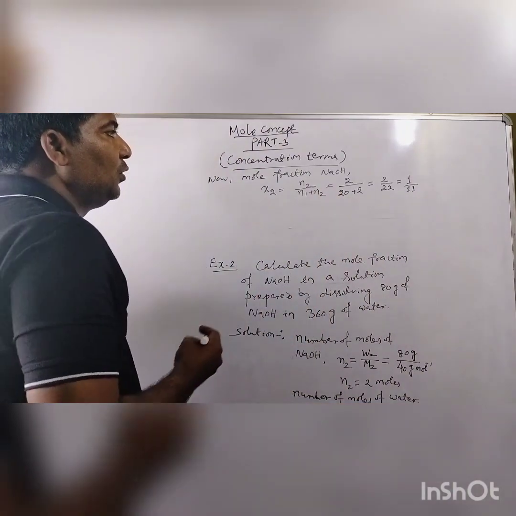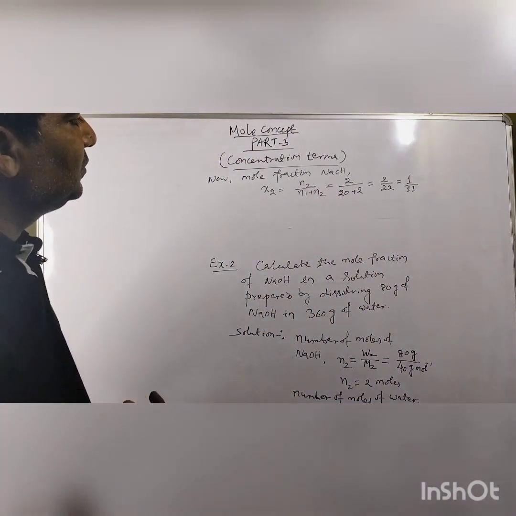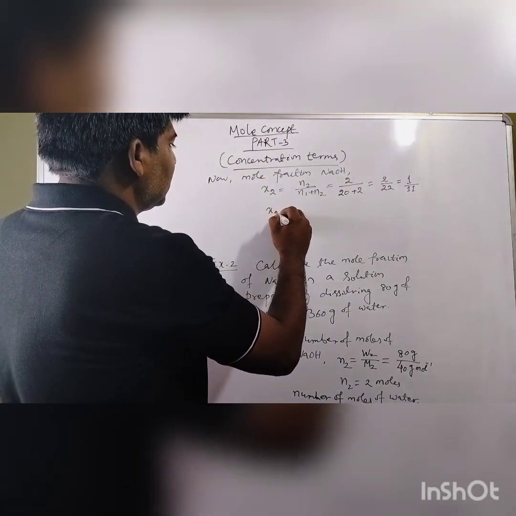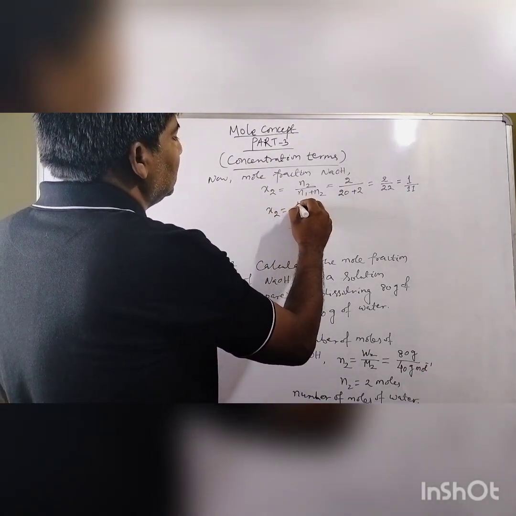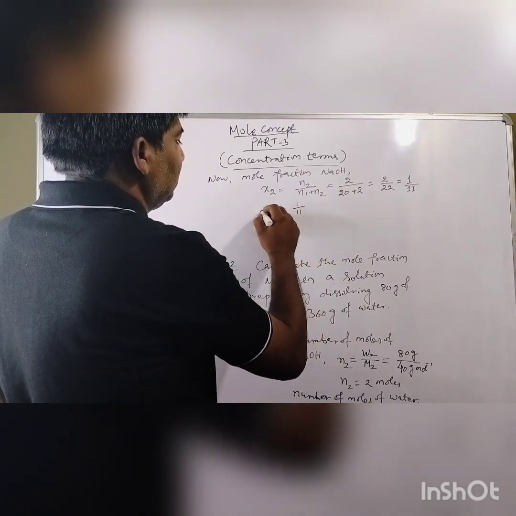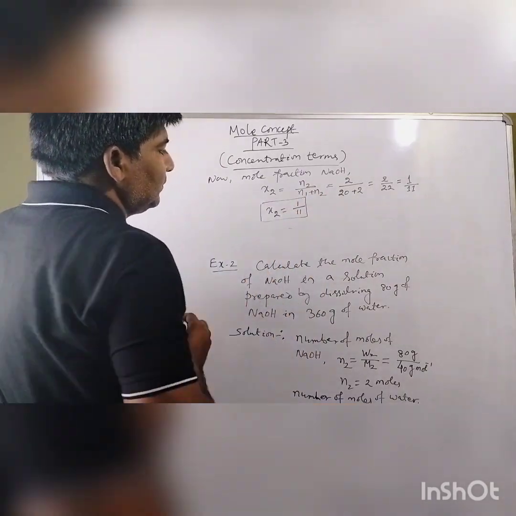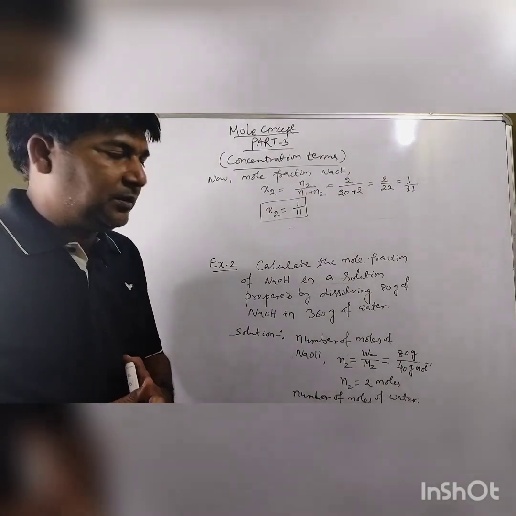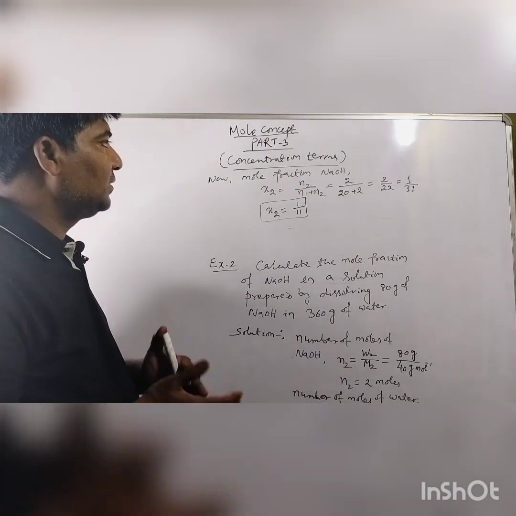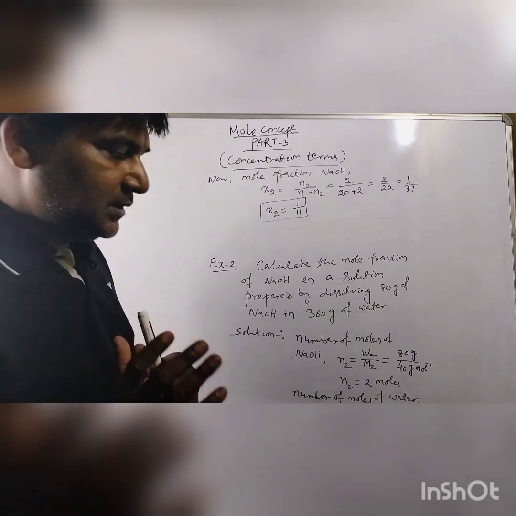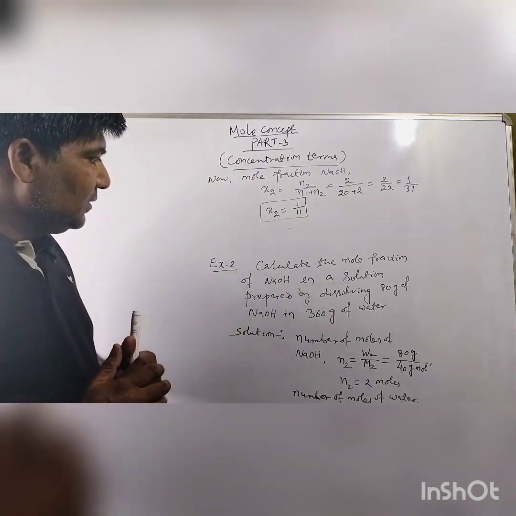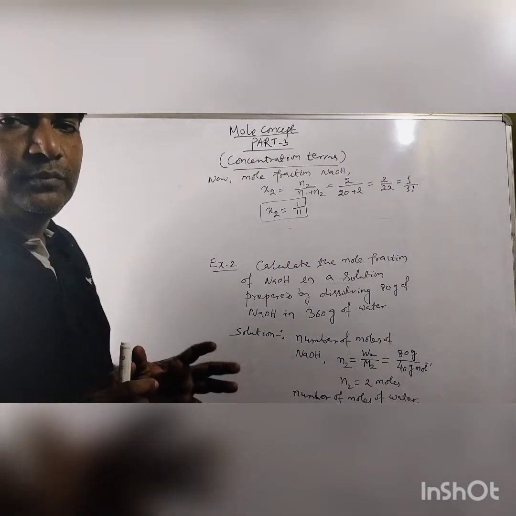We can convert the mole fraction into decimals also. Okay. So thus we get mole fraction of solute is 1 by 11. Okay. So this is a simple example by means of which you can understand the concept of mole fraction very easily. Okay. So next example goes for molarity.